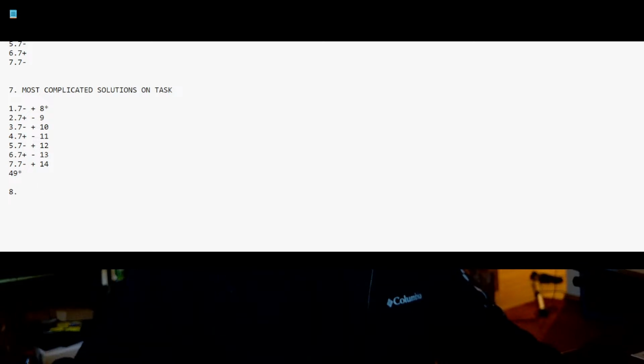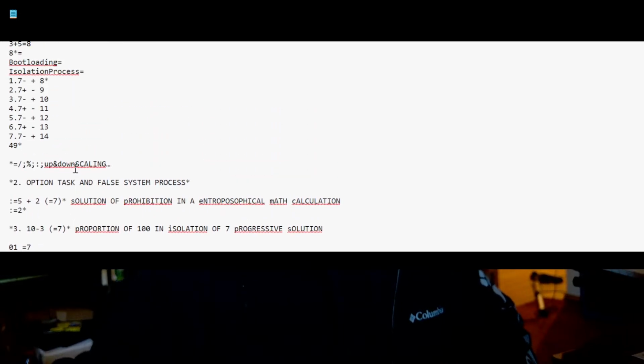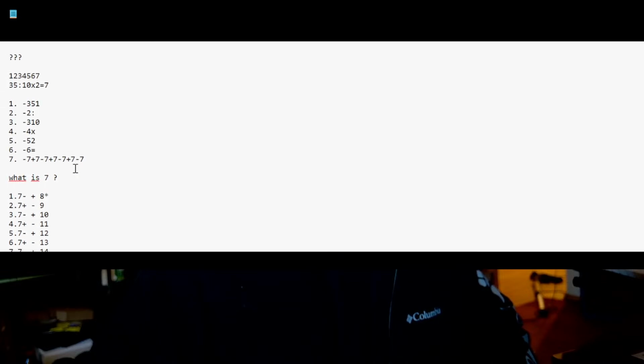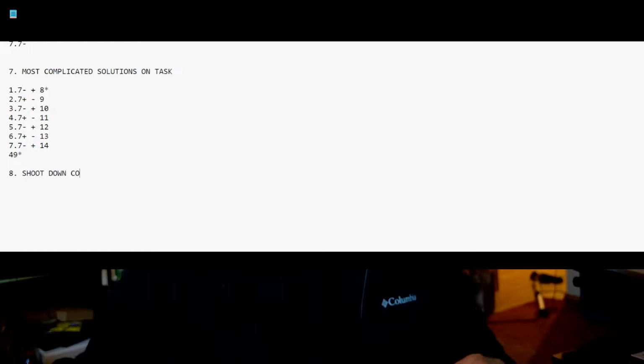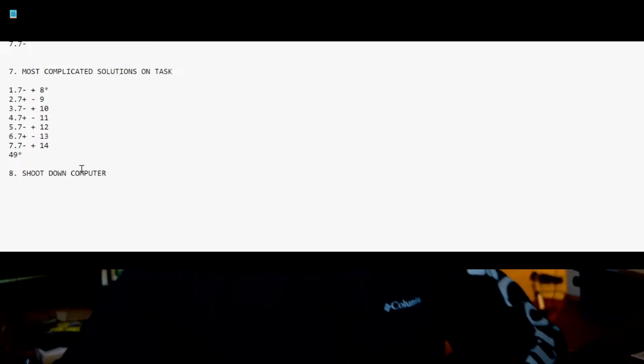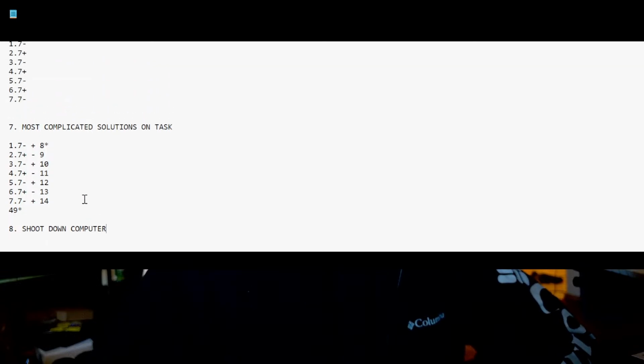And 8 is then at last meaning turn off or something. Shut down computer. Right, there's something here.